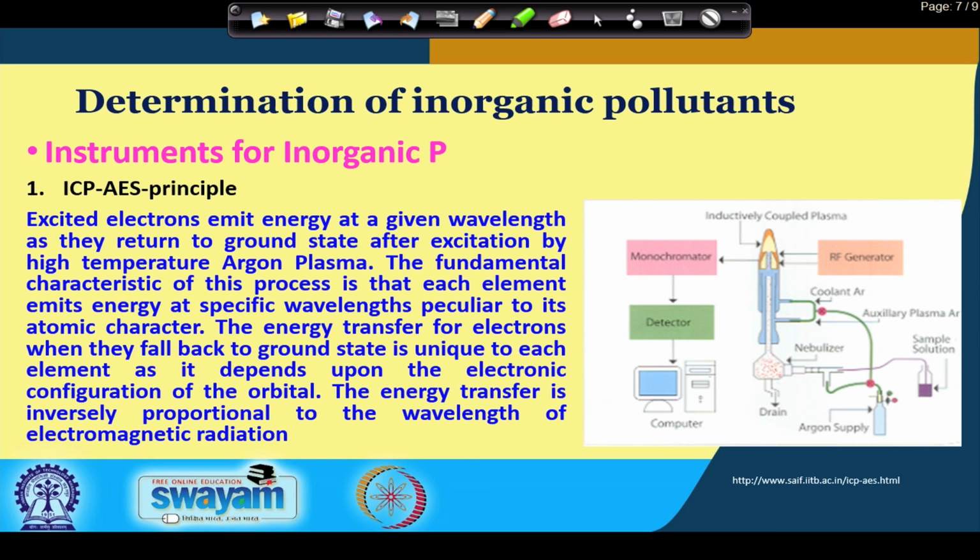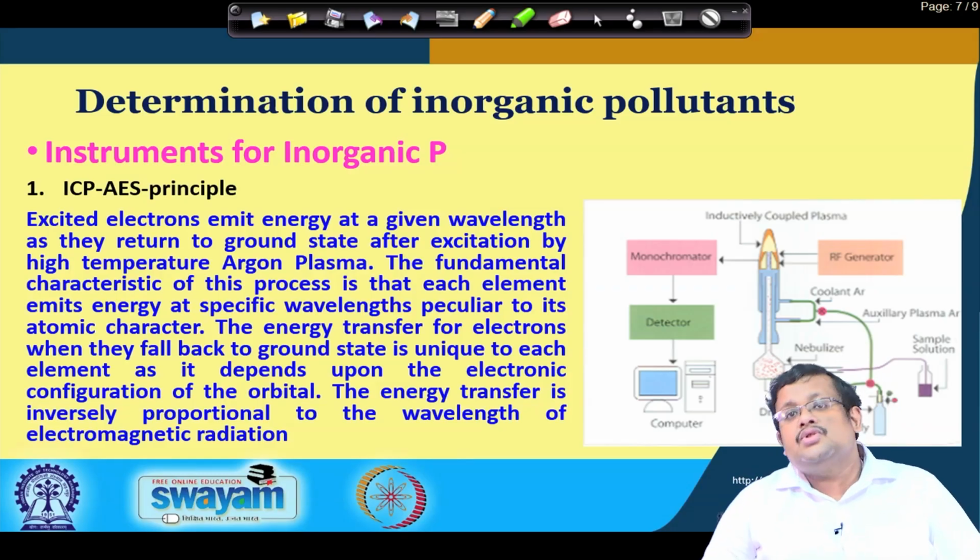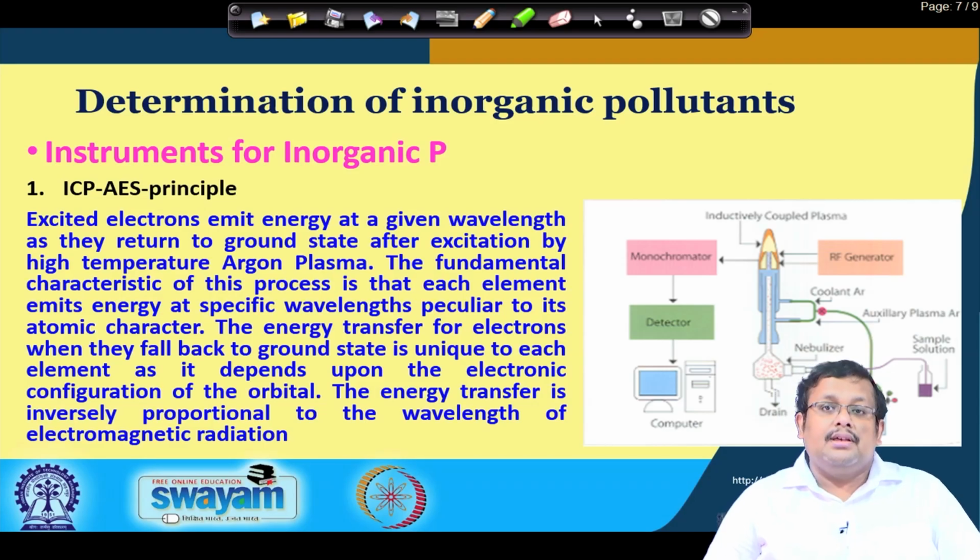So, the principle of ICP-AES basically depends on some excited electrons. Now, when we excite the electrons of a compound or an element by some external source, in this case argon plasma, these excited electrons emit energy at a given wavelength as they return to their ground state after excitation by high temperature argon plasma.